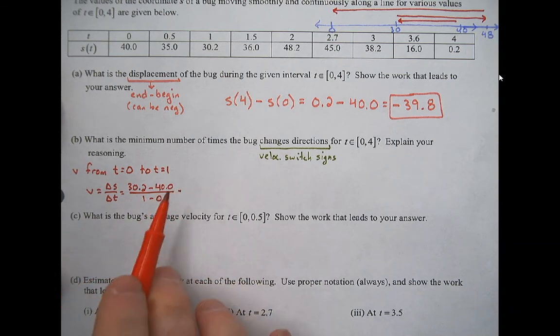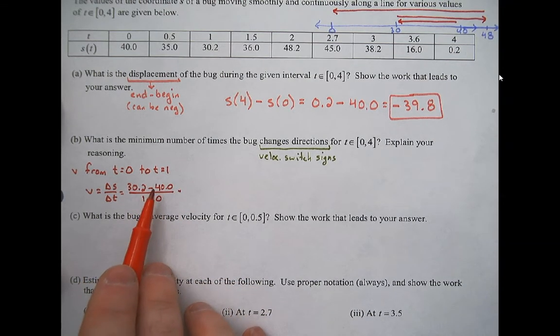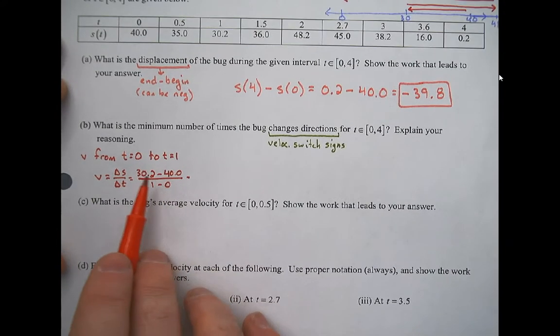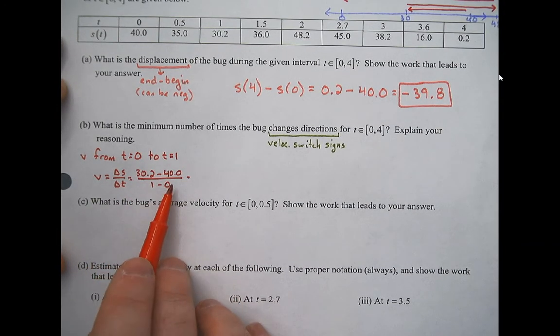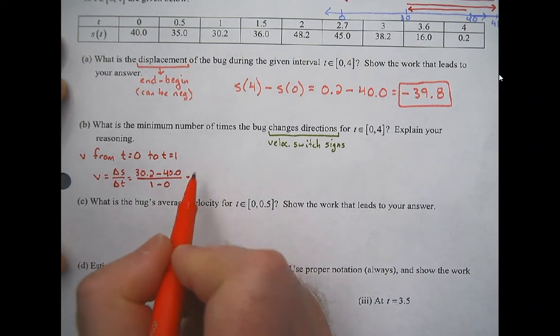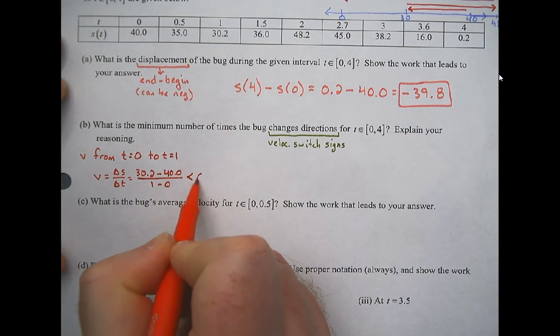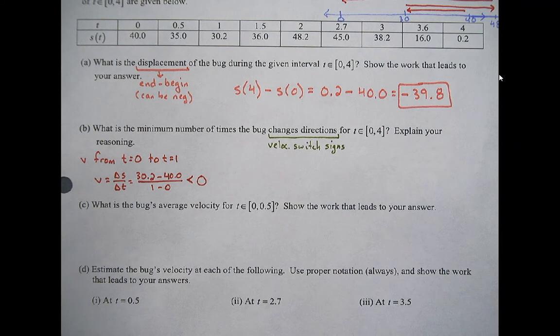I don't actually care what the number is, I just care what its sign is. 30 minus 40 is negative. 1 minus 0 is a positive. A negative divided by a positive is negative. So my velocity from 0 to 1 was negative.